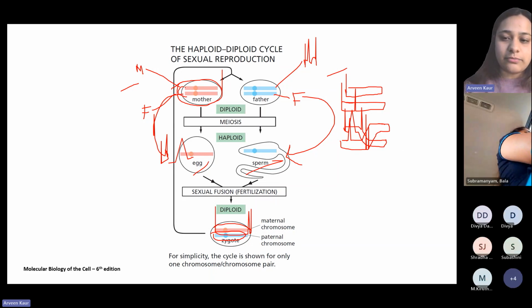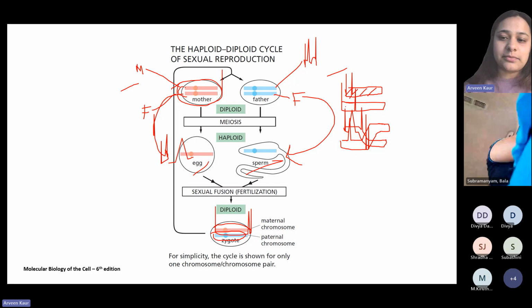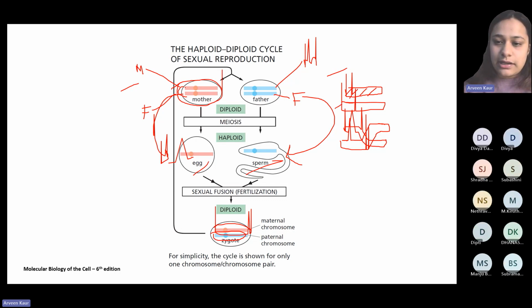There's some kind of recombination occurring. Suppose this was my mother's mother's chromosome, and this was my mother's father's chromosome, the plain one. Some recombination does occur between these chromosomes before this particular gamete is formed.